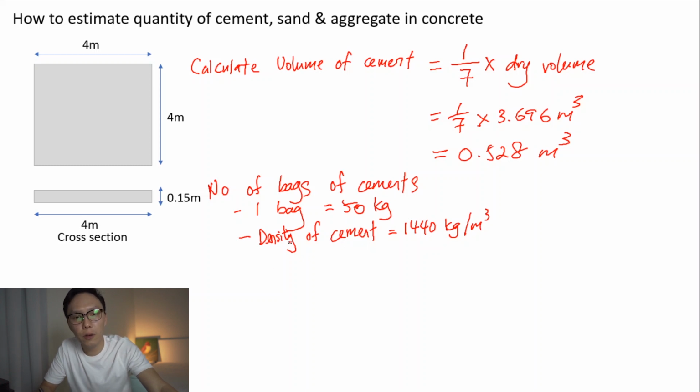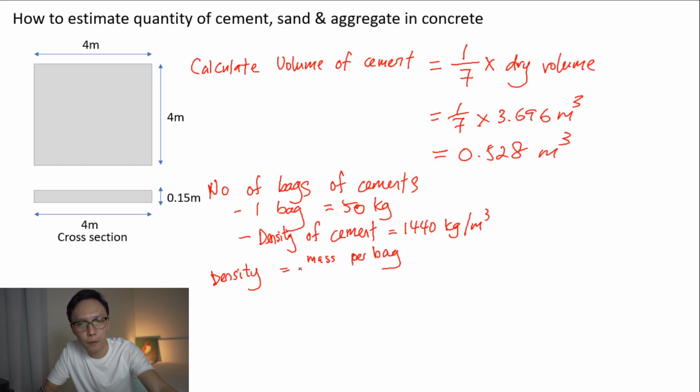So we use the formula of density, and we calculate the volume per bag. Okay, so density is actually mass per bag over volume per bag.